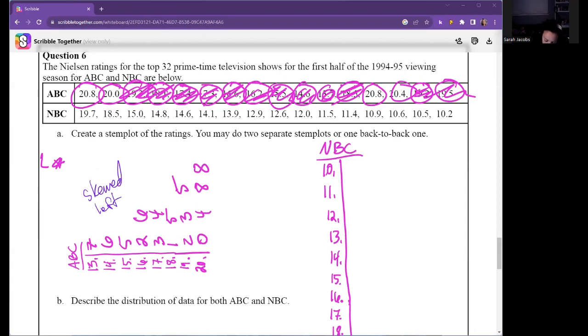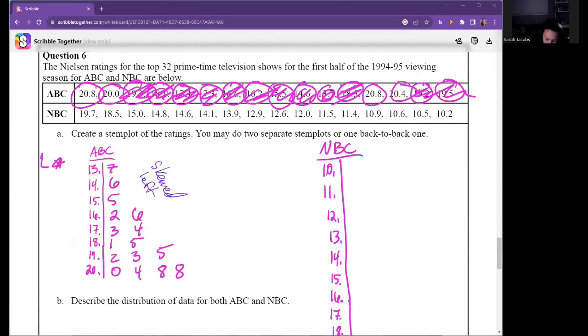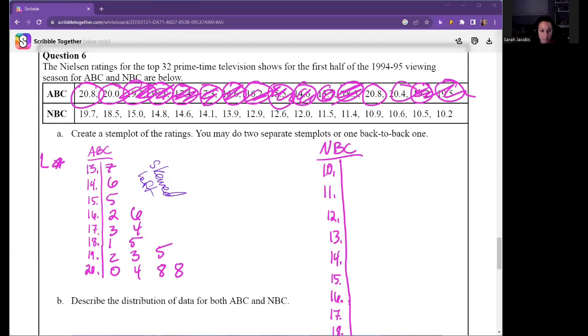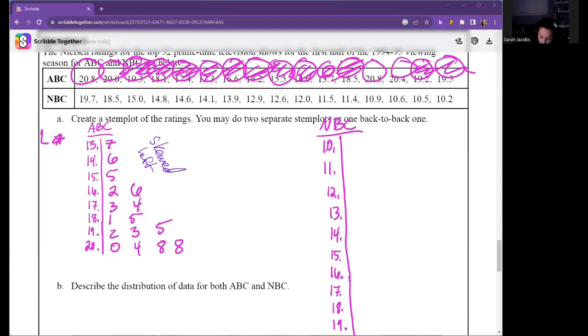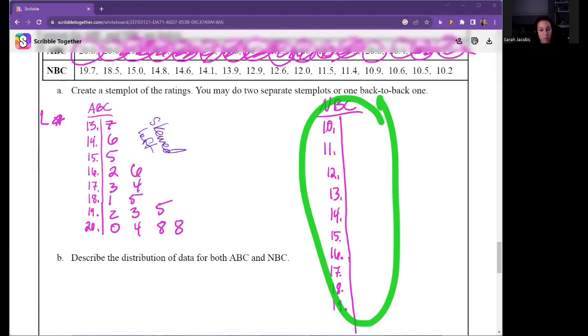So you can accomplish the same thing by simply rotating your paper so that the lowest number of your stem plot is on the left. Cool. Not going to do the NBC one just for the sake of time and all of our sanity.